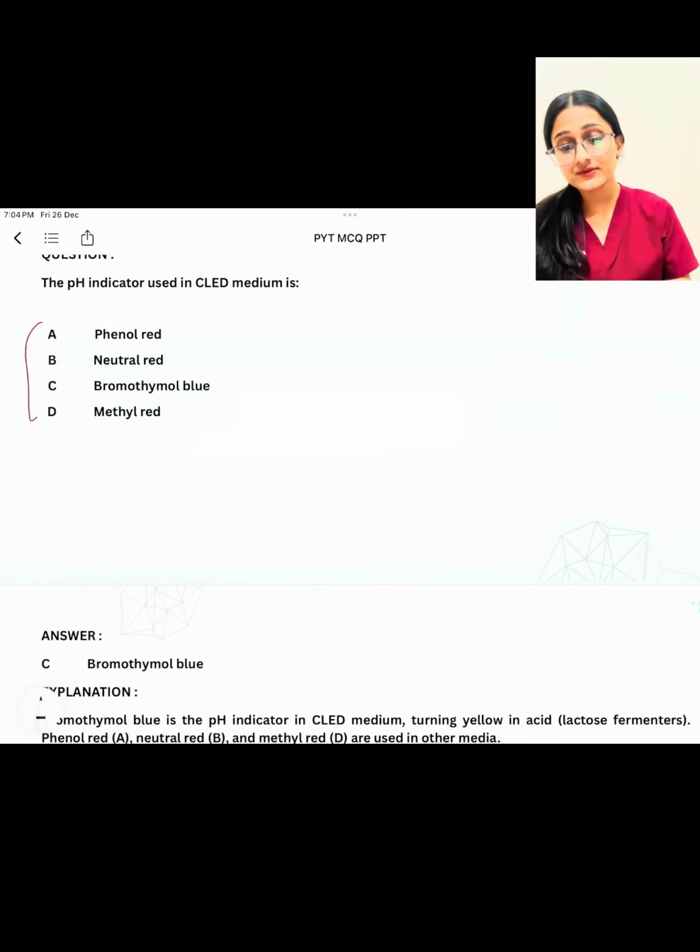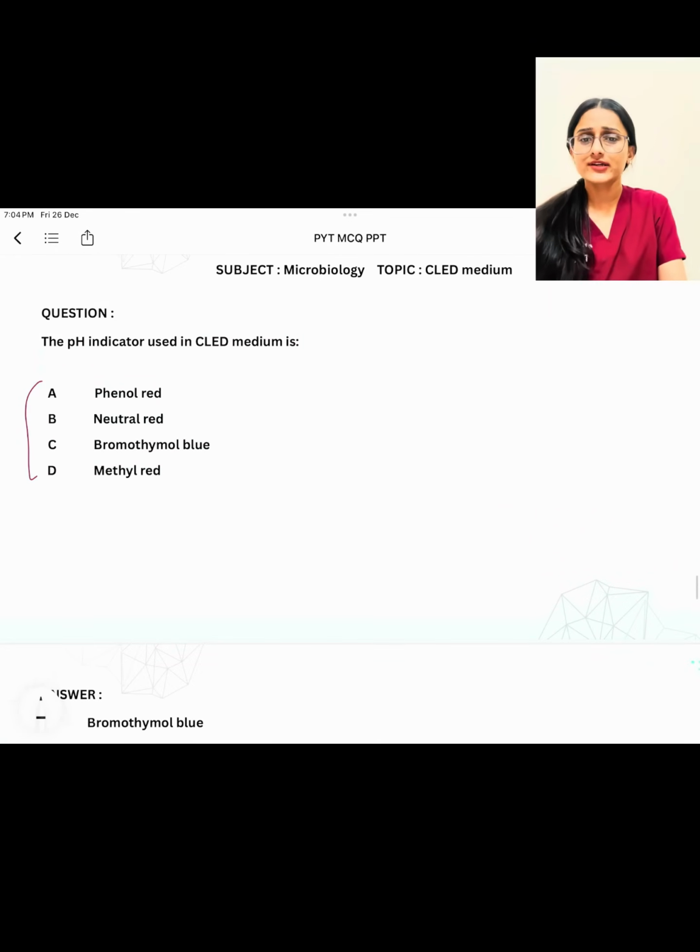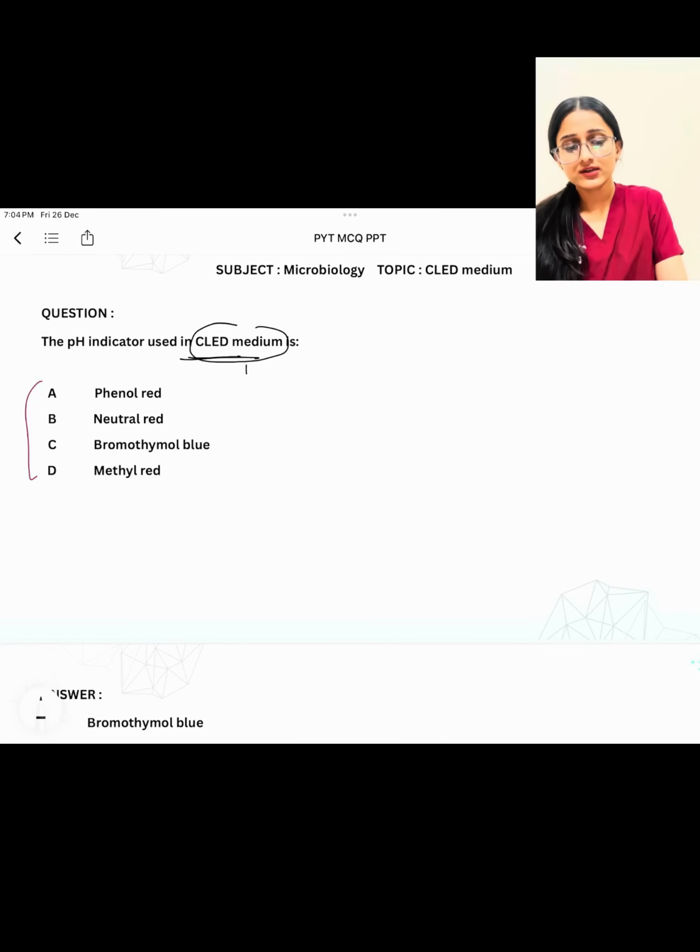So next question is, the pH indicator used in CLED medium is? CLED medium is basically used mostly for urine cultures. They are asking for the pH indicator, so the answer is bromothymol blue. Basically it differentiates lactose fermenters from non-lactose fermenters.